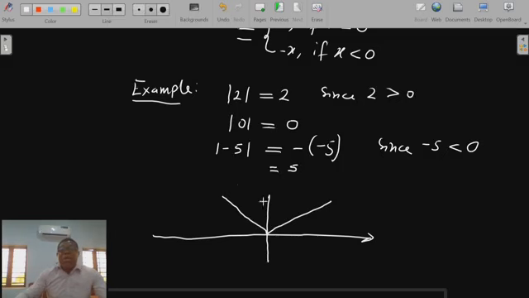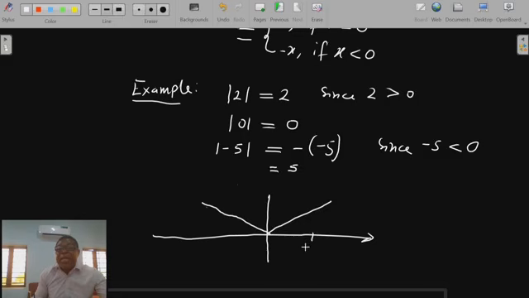If this is properly drawn, it's expected that this part should be the mirror image of this part. Please don't mind my hands are shaking, but that makes the diagram. This is supposed to be a straight line that should be the mirror image of the identity map on this side. So this is the graphical representation of absolute value of a number.